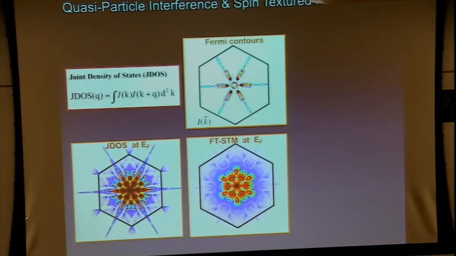So what I've done is taken one slice of Zahid's data here and reproduced it to give you something that has the symmetry of the Fermi contours of the surface states. So this is what the Fermi surface looks like. And now you can ask the question, what should the STM measurement see?